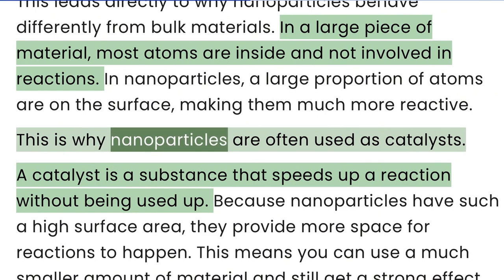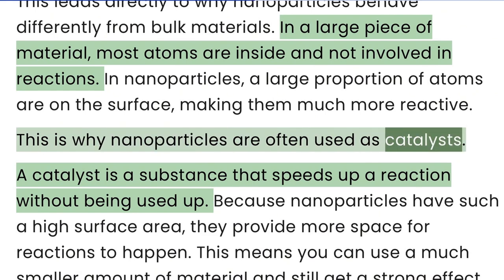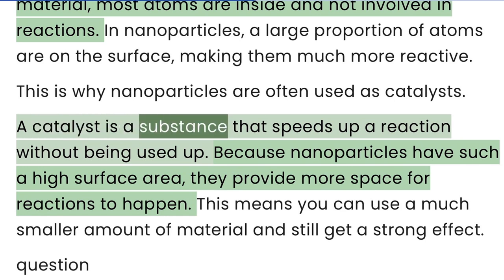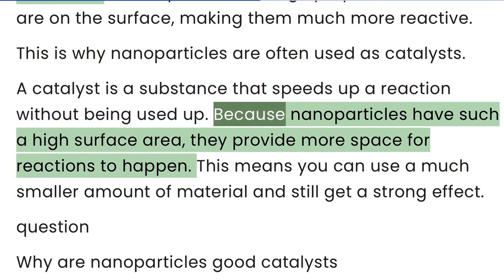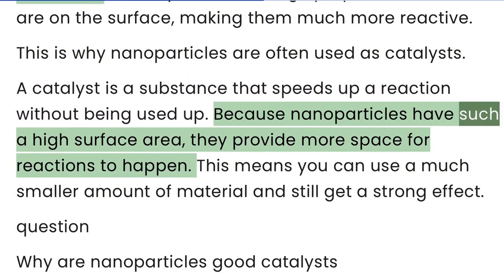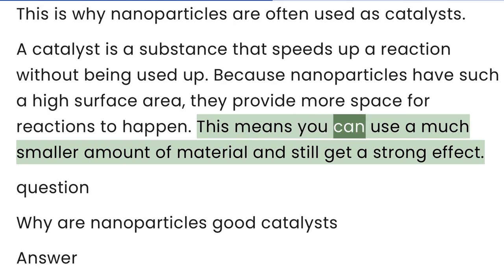This is why nanoparticles are often used as catalysts. A catalyst is a substance that speeds up a reaction without being used up. Because nanoparticles have such a high surface area, they provide more space for reactions to happen. This means you can use a much smaller amount of material and still get a strong effect.